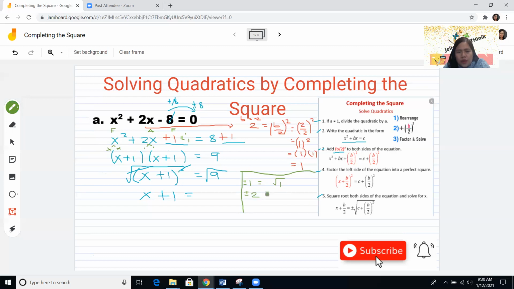When you square root a number, you always have two possible answers, positive and negative. Next, for positive and negative 3, we have the square root of 9. And then for positive and negative 4, we have the square root of 16. Those are all the perfect square roots.